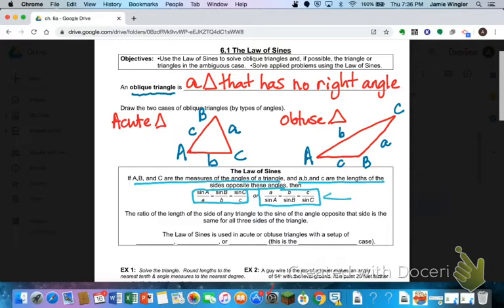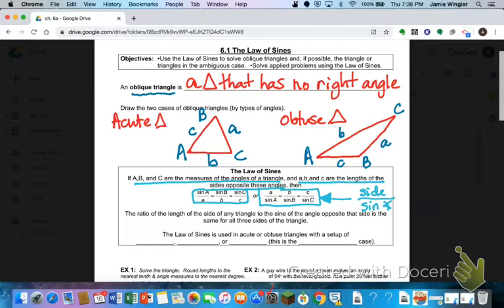This ratio can be flip-flopped. This is usually the way I will write it. You are comparing a side in your ratio to the sine of an angle in your ratio. The side and the angle used are always opposite of each other.